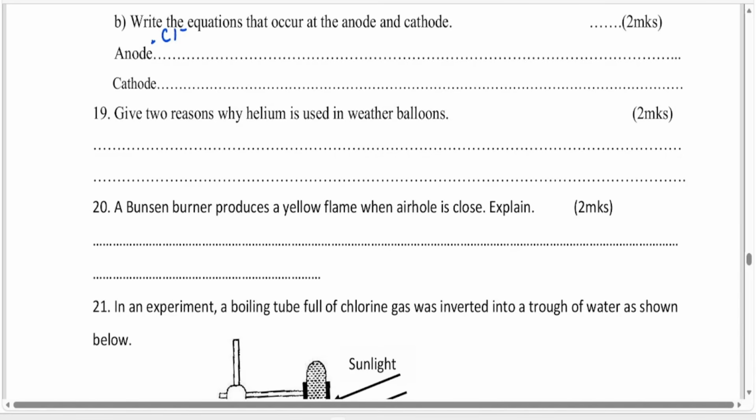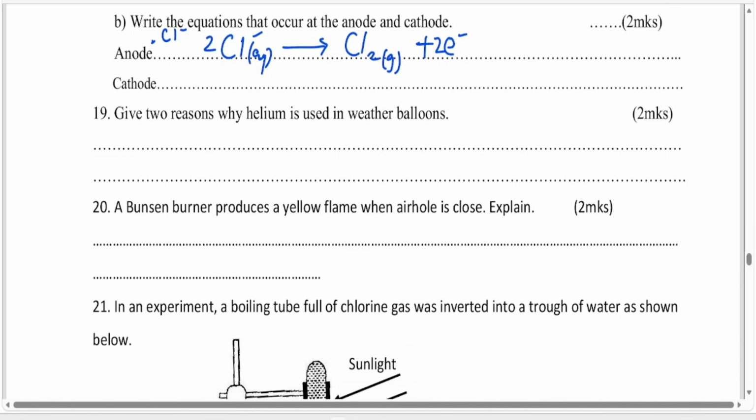Therefore, the equation is chloride ions, aqueous, not forgetting the state symbols, losing electrons to obtain chlorine gas, with a discharge of an electron. This equation is not balanced, so we balance with a 2, and this shows that we discharge 2 electrons.